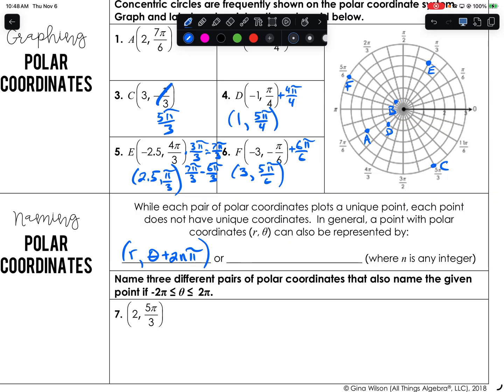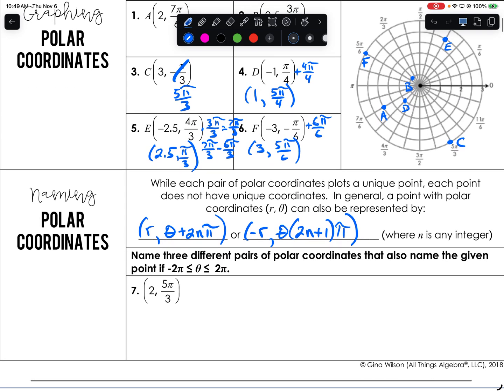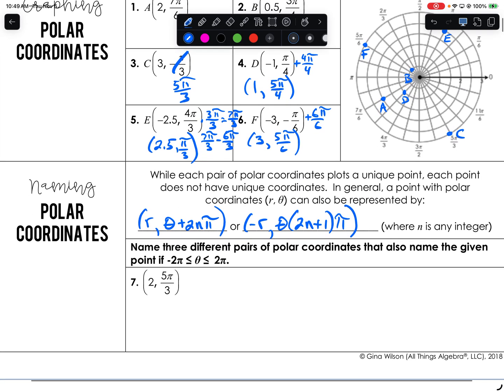If r is negative, we have to take theta and add this. If this helps you, more power to you. It doesn't work for me, but we'll talk about how it works, and it'll make more sense once I explain it. Those formulas are terrible. I'd be like, I have no idea what to do.